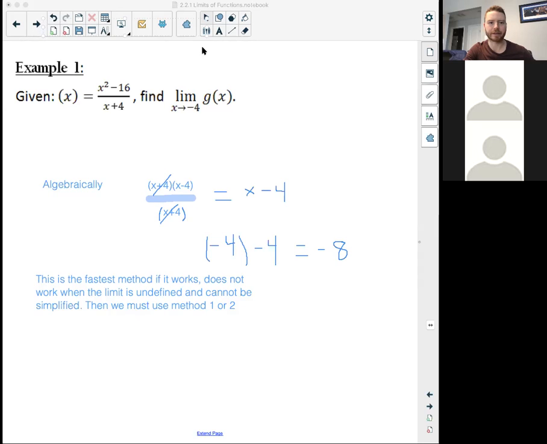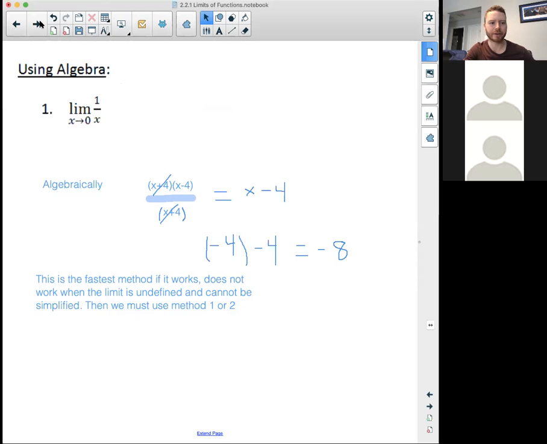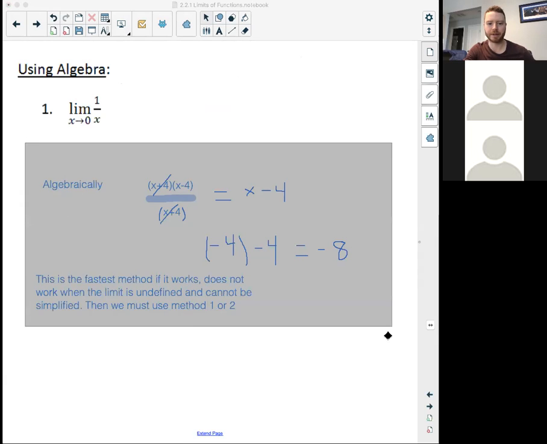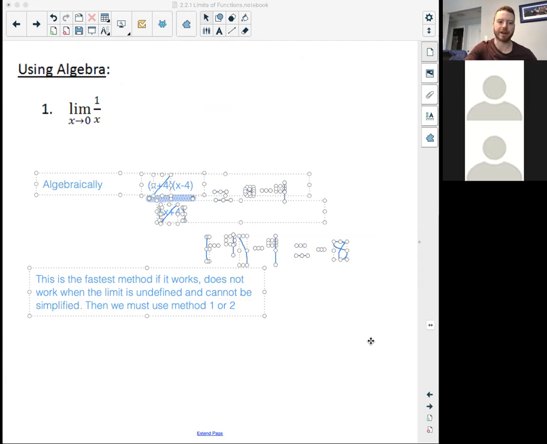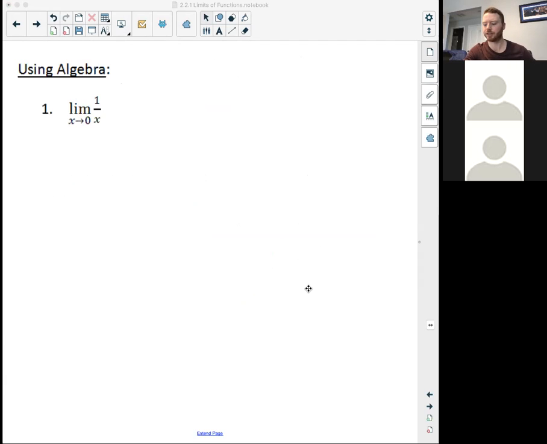All right. So let's go back onto the mouse. Okay. So solving this one algebraically, can we simplify this any further? No. That is what it is, right?